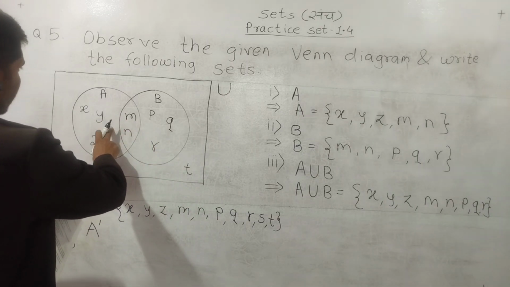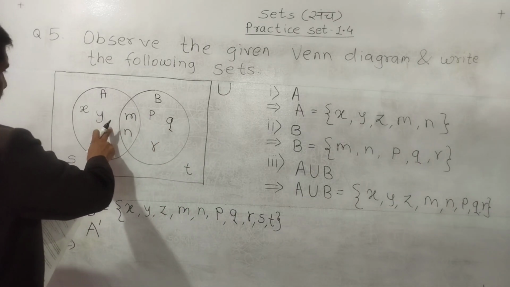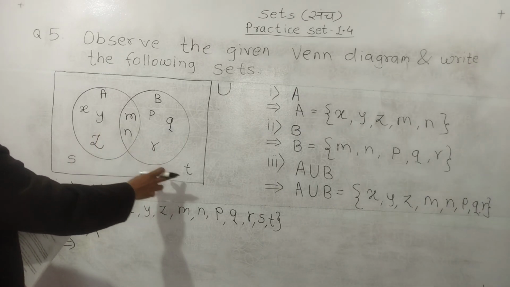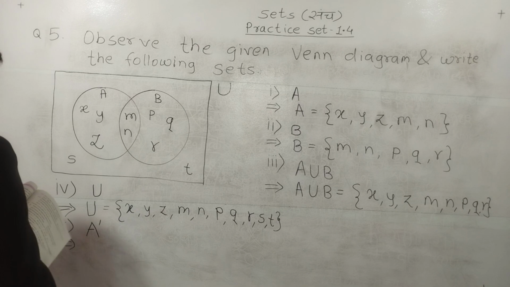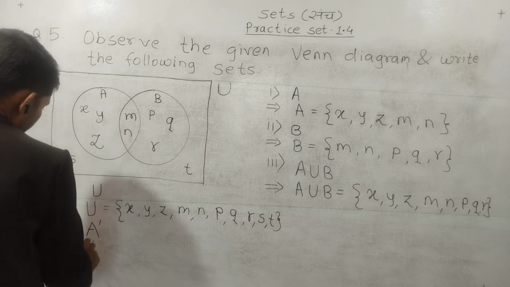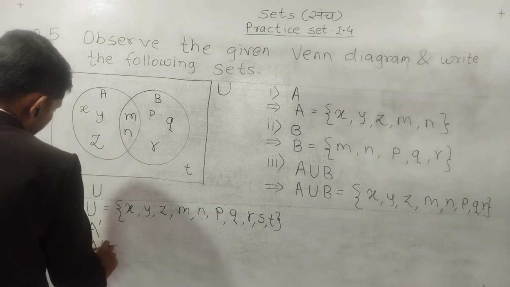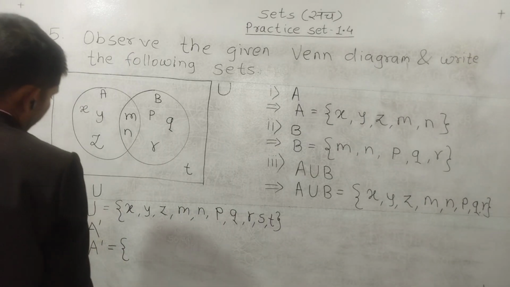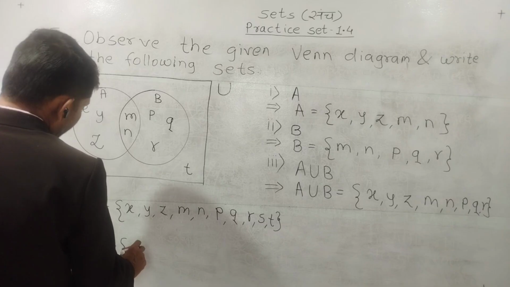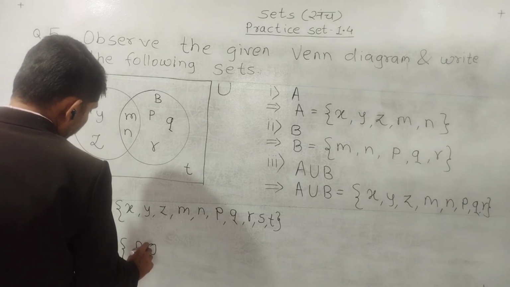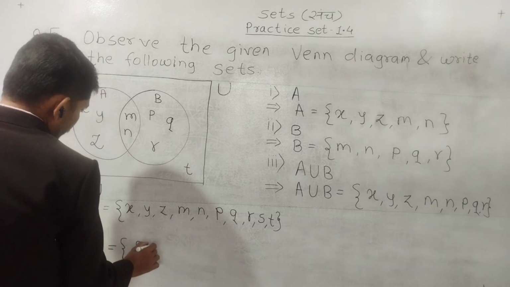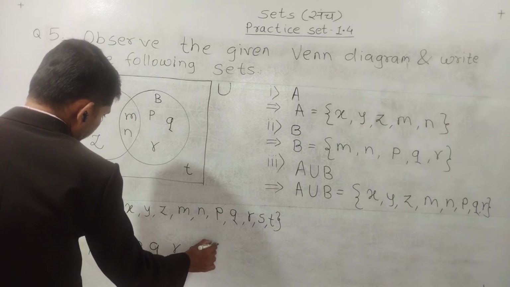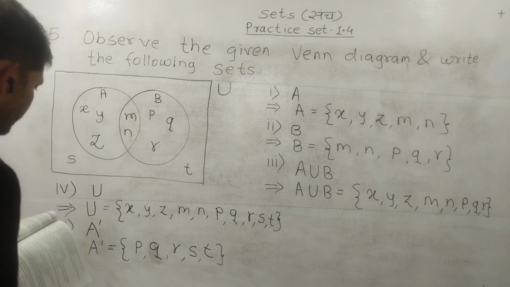P is not coming inside set A. Q is not coming inside the set A. R is not coming inside the set A. S is not coming inside the set A. And t also not coming inside the set A. Okay, all these elements we have to write here. A dash means the elements which are not coming inside set A. So what are the elements? P, q, r, s, and t. Okay, these elements are coming in A dash.